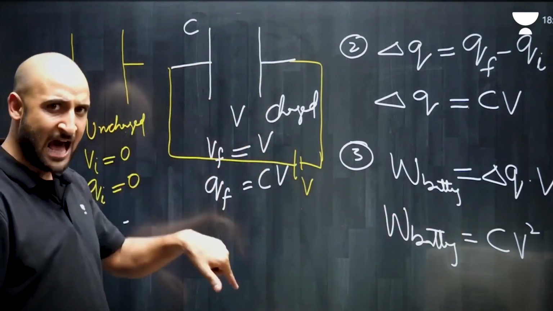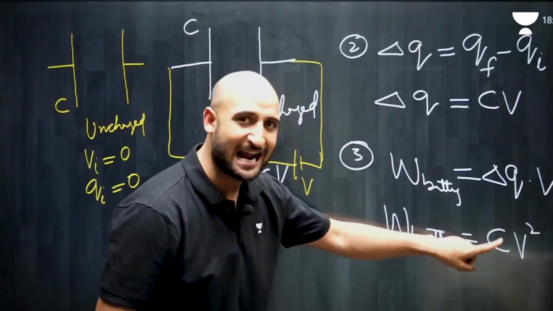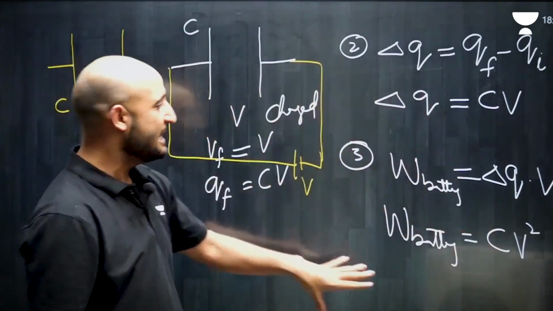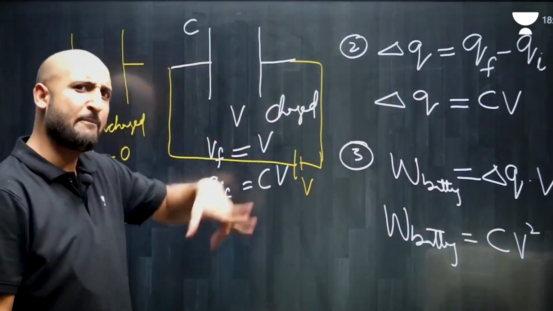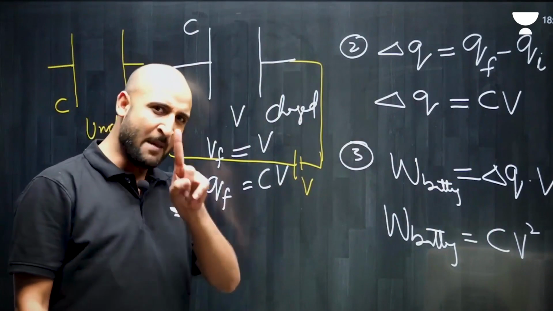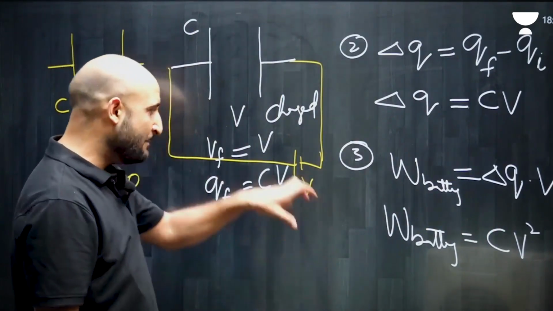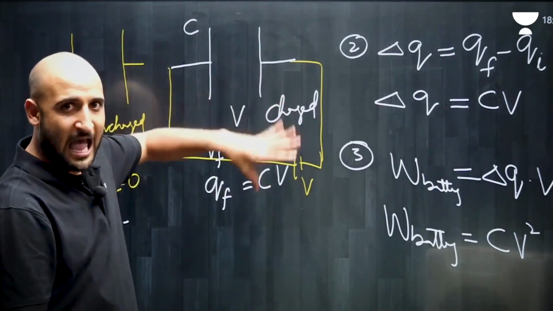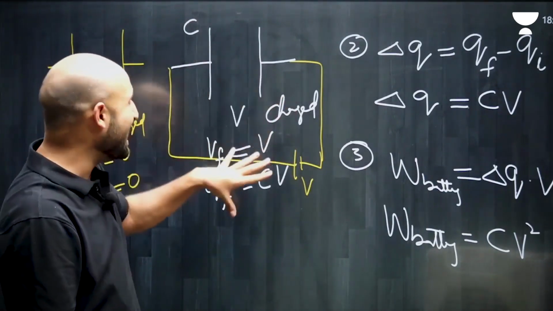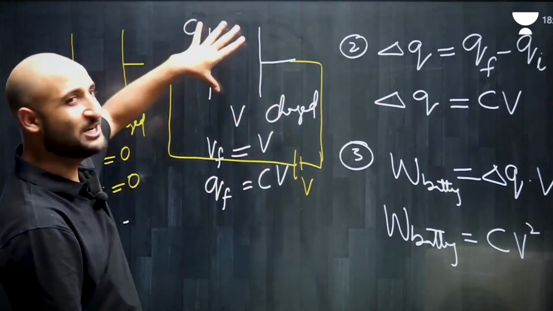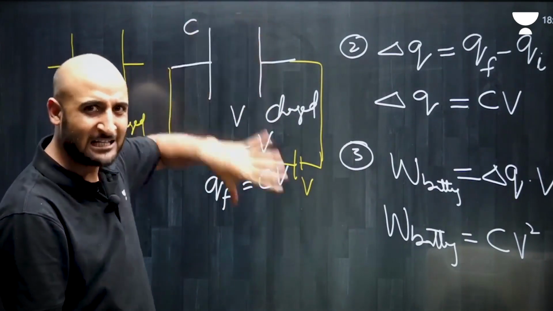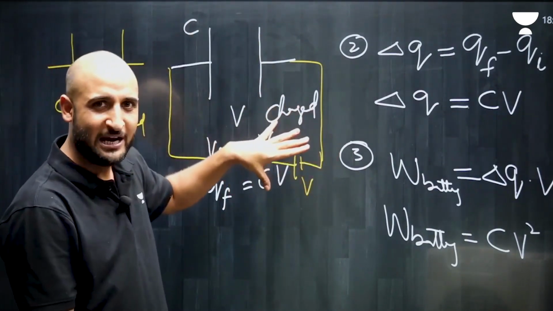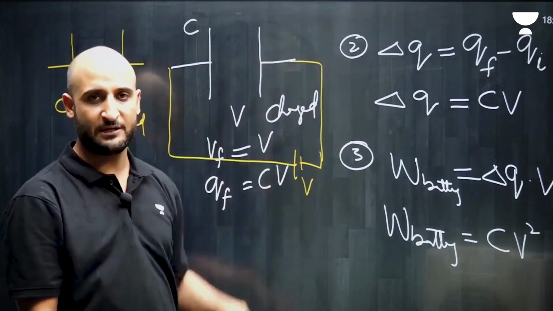So in our case, the amount of energy supplied by the battery to the circuit is CV square. Now what happens to the CV square? Remember always, of the energy supplied by the battery, a part is utilized to give energy to this capacitor, and a part is dissipated in the form of heat.